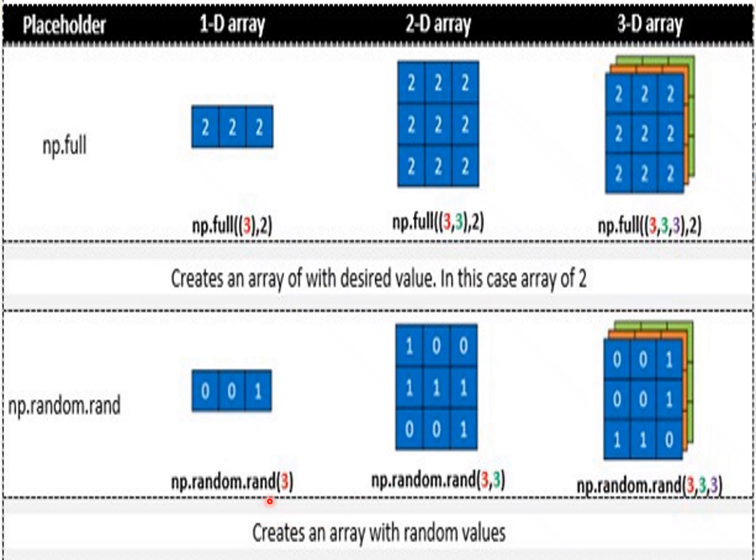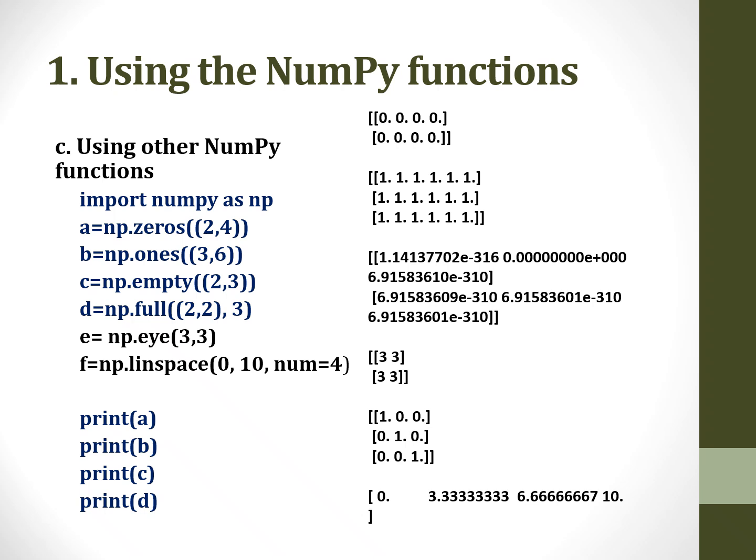Whereas with the other function, you will have only values returned as either zeros or ones. So all these things we have seen: empty, I, and so on.